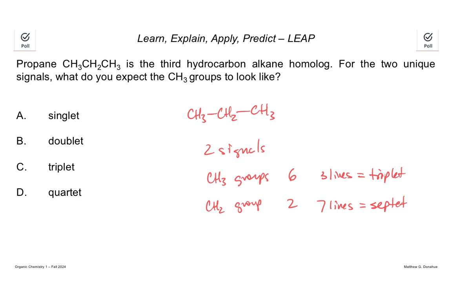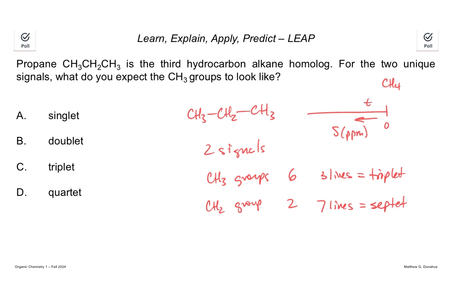And a review of these two signals: where should they fall? If we're predicting on the chemical shift scale of parts per million, we're going to use methane at 0 as our benchmark. The methyl groups look more like methane. So as you're reading from right to left, with increasing chemical shift, you should see that triplet first.